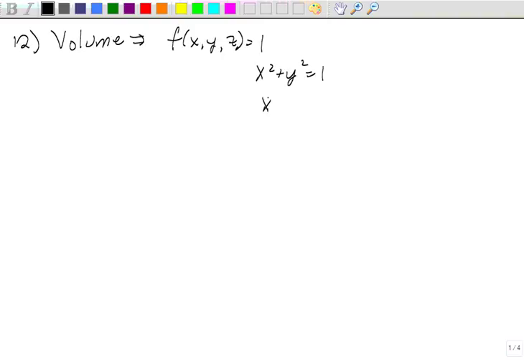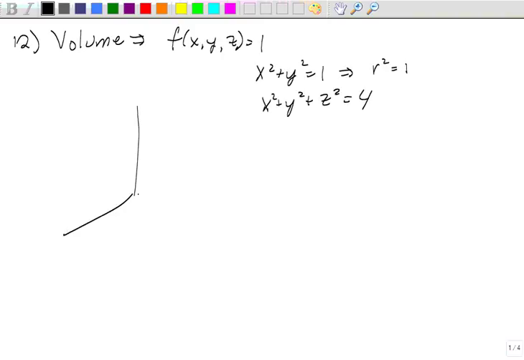Okay, number 12, we're doing a volume. So that means our function is 1. And we have x squared plus y squared equal 1. And we have x squared plus y squared plus z squared equals 4. So that says that r squared equals 1.